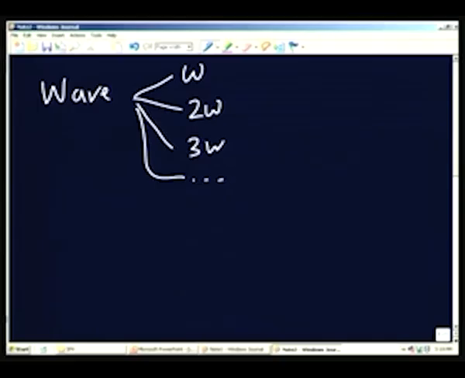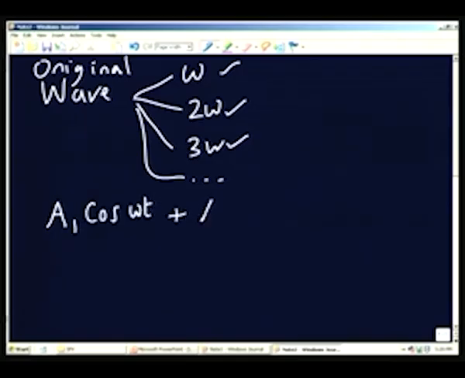That means that the original wave is now consisting of a certain fraction of this, a certain fraction of that, etc. That means that I can write it as A1 cos omega t plus A2 cos 2 omega t plus etc. Okay.